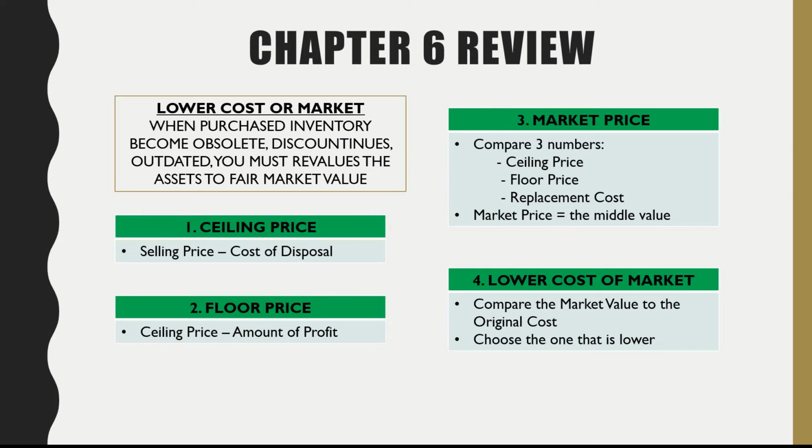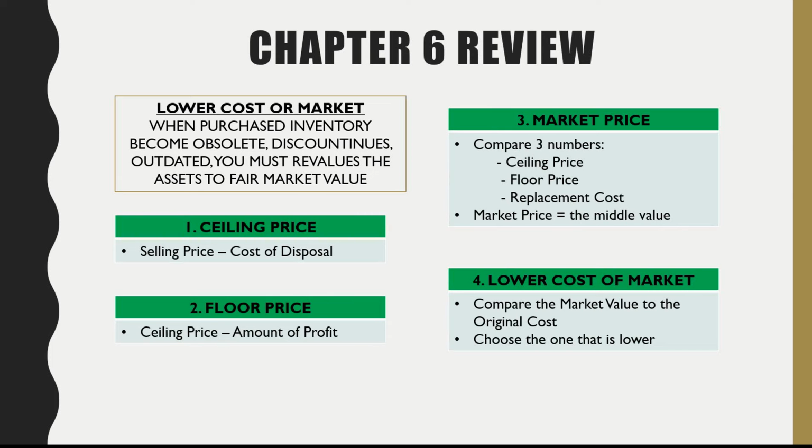Once again, I'm not gonna test you on knowing how to journalize it, but at least get the idea of how to calculate the lower cost of market, right? There are 4 things that we have to solve for, and then of course everything else is given to you.